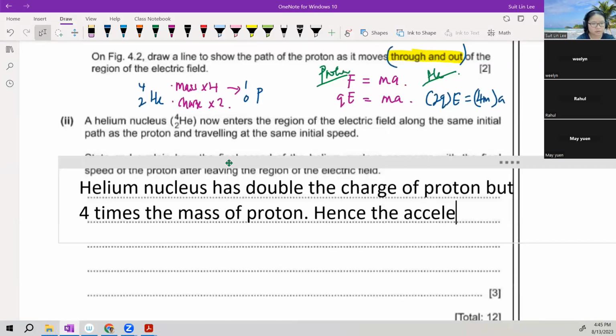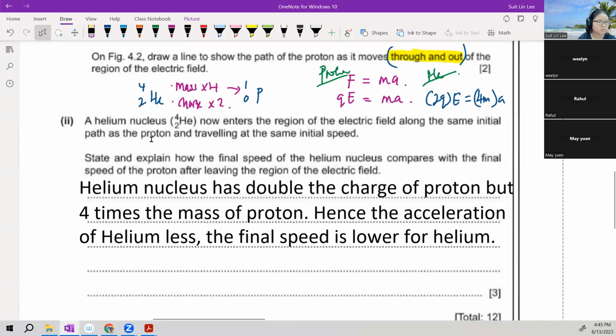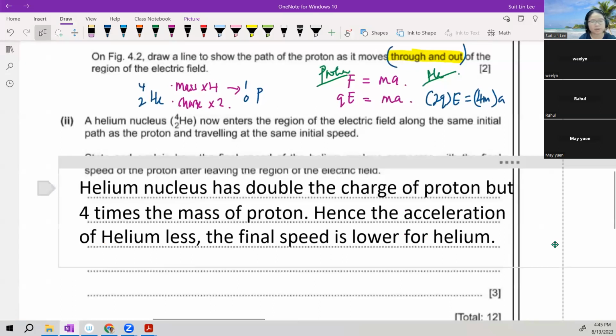Hence, the acceleration of helium is less, and because of this, the final speed is lower for helium compared to the final speed of proton.